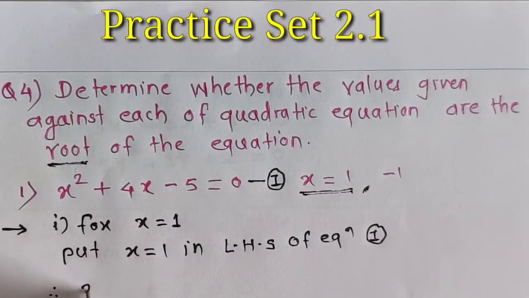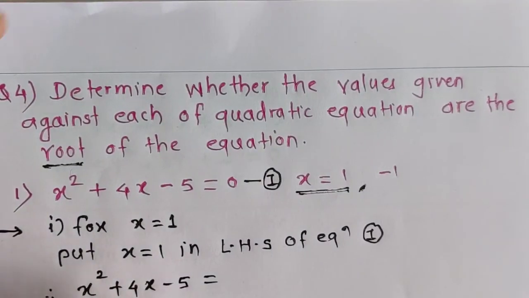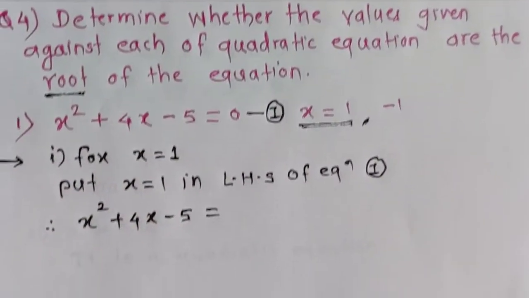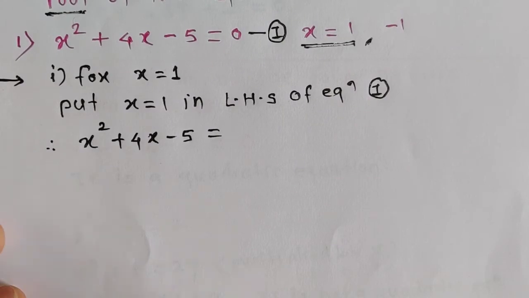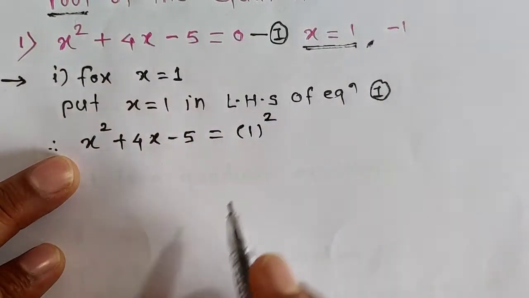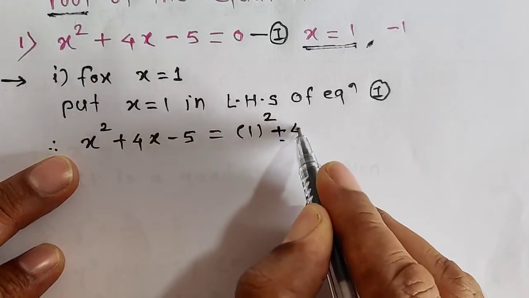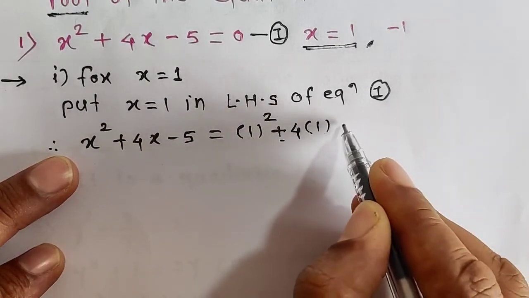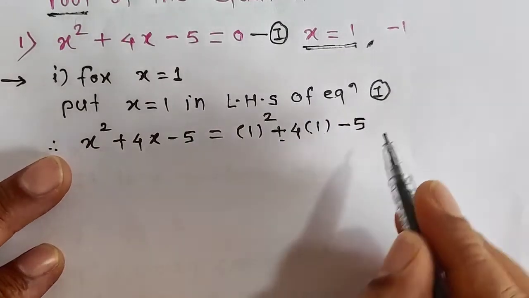Therefore, write the left hand side, x square plus 4x minus 5 is equal to. Now substitute x is equal to 1. So we get 1 square, x square means 1 square, plus 4 into x means 4 into 1 minus 5. Don't write 0.